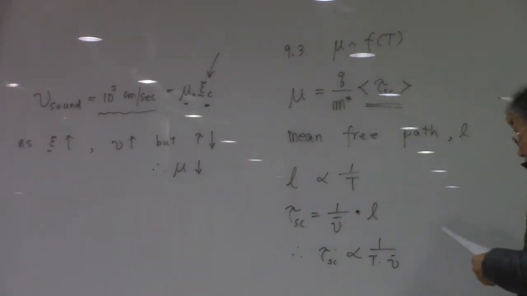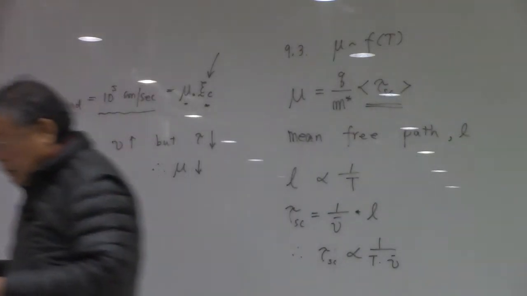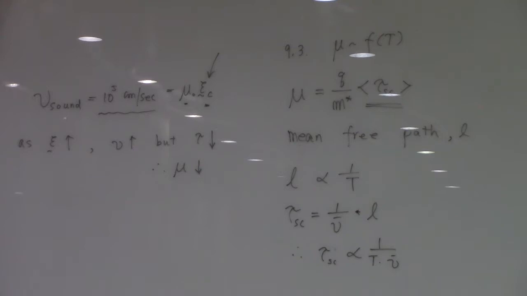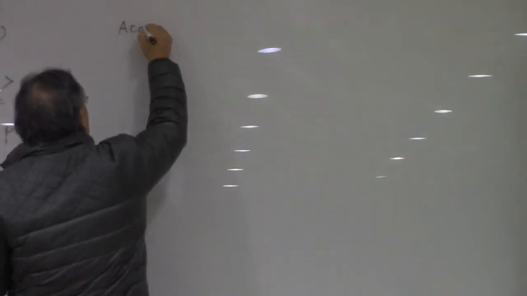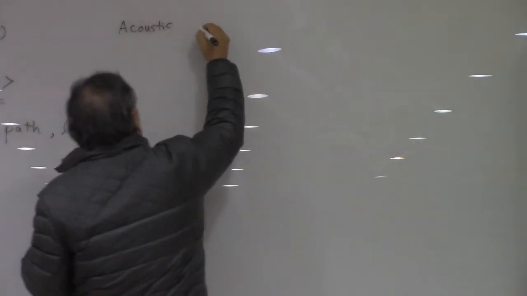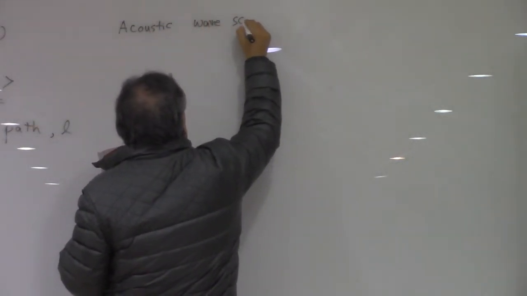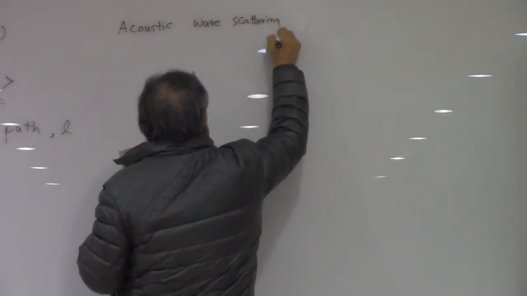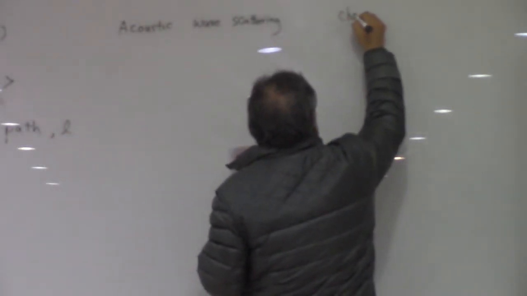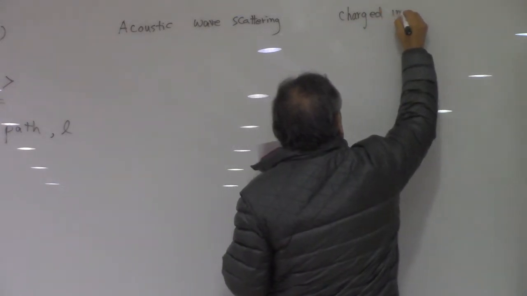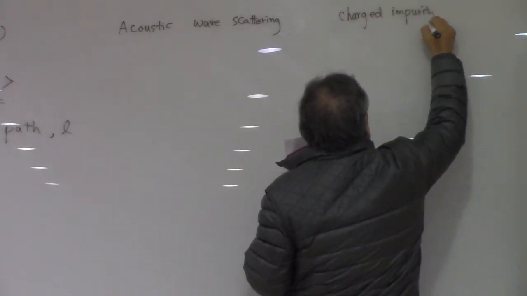And we distinguish two things here. One is the scattering by acoustic wave scattering, and the other is the charged impurity scattering.